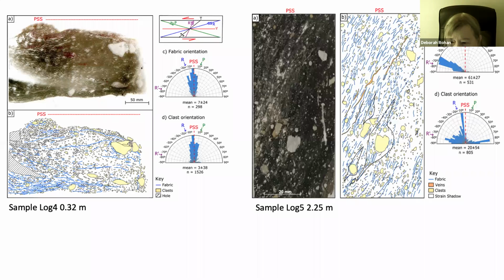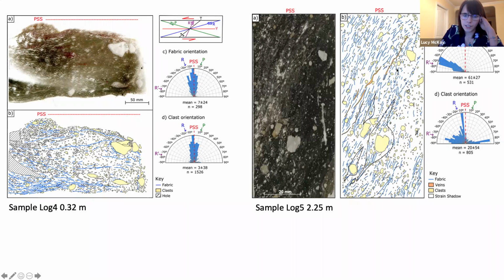For instance, in this image to the left, the clast and fabric are aligned parallel, either parallel, 15 degrees anti-clockwise or 10 degrees clockwise from the main slip surface of the fault. So they are consistent with Riedel shear geometries, confirming a strike slip origin.